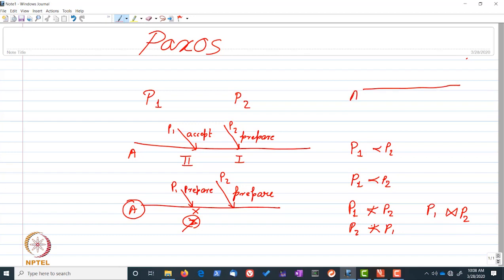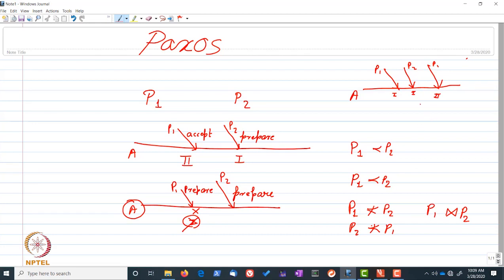Well, at an acceptor, we will have P1's phase 1, and then we will have P2's phase 1, and then P1 will try to initiate its phase 2.